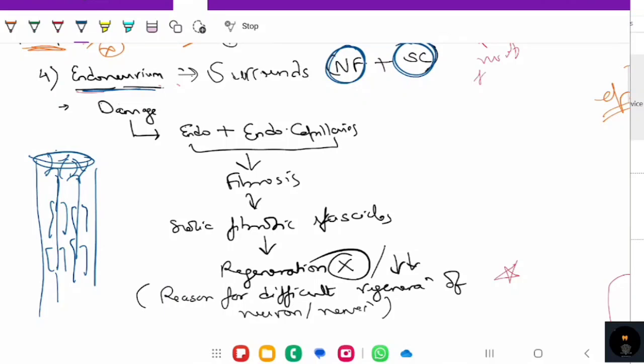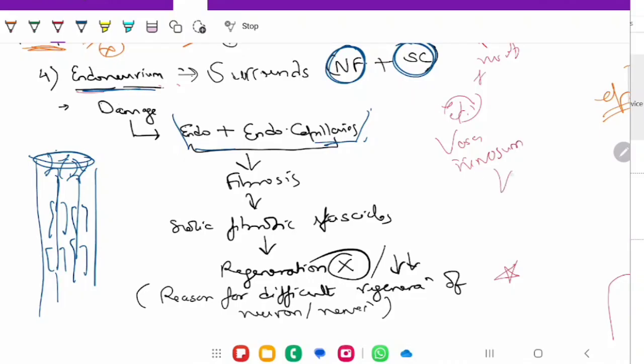It has endoneurium plus endoneurial capillaries. Now if you remember, in epineurium we discussed this very clearly. In epineurium there was something known as vasa nervosum, which was penetrating peri and supplying endo.